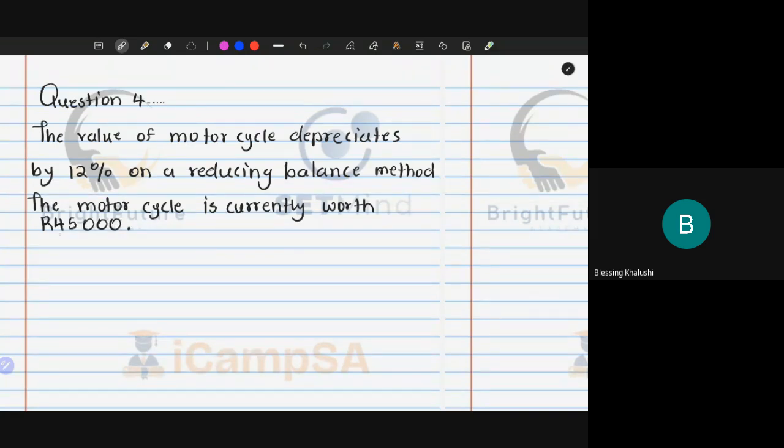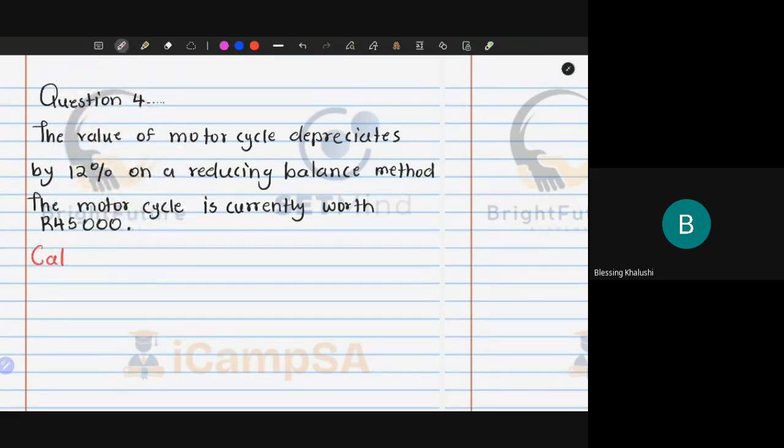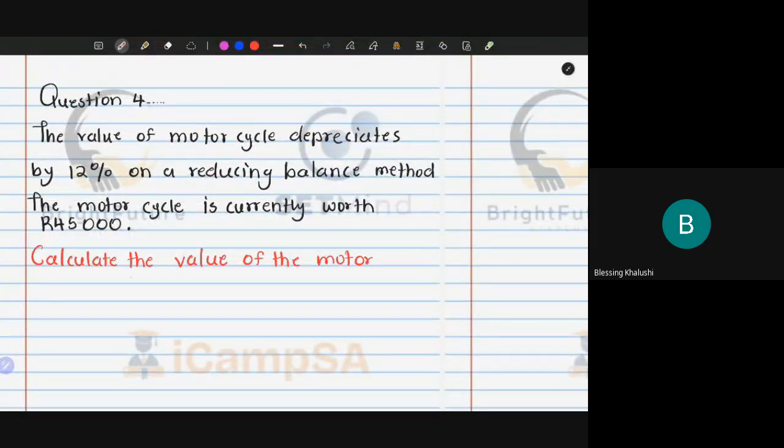So what we are required to do is, let's put it in red, to calculate the value of the motorcycle after 5 years. And this will come in very handy when we do annuities, guys. That is why you must follow from here.